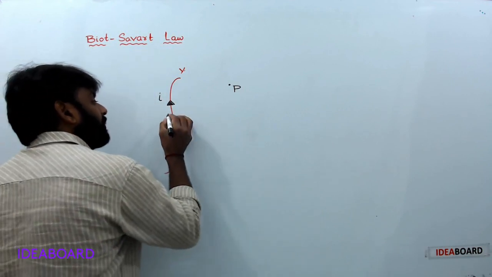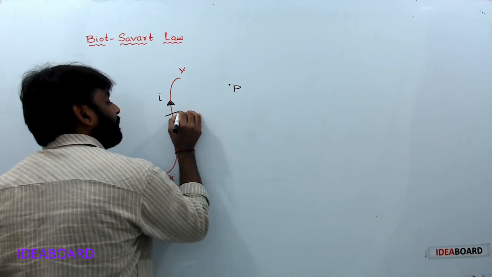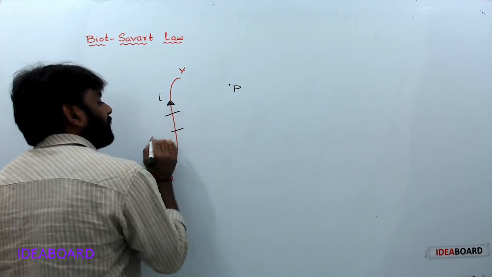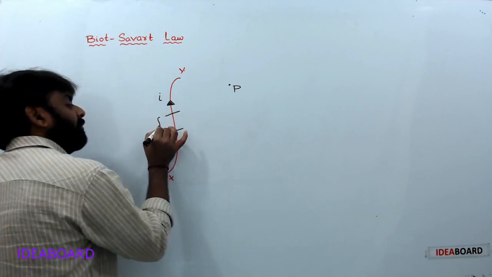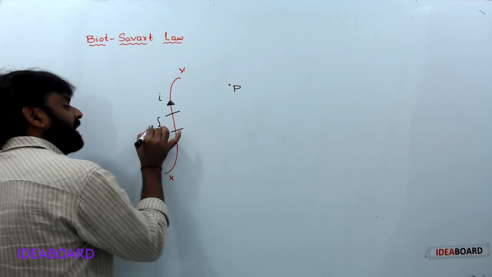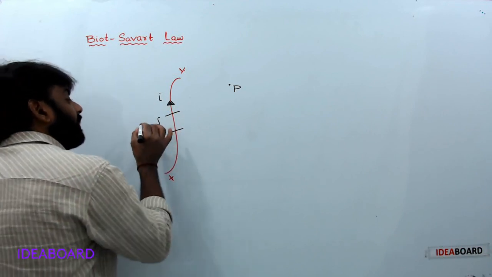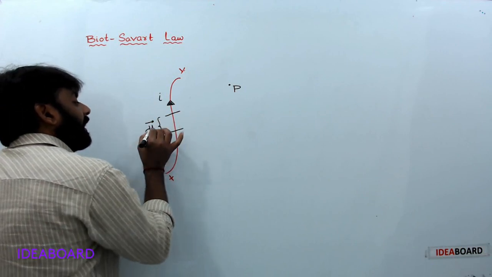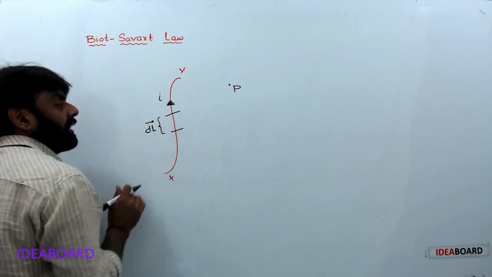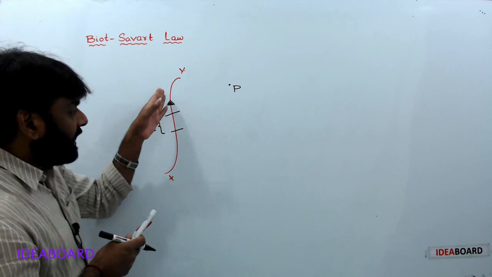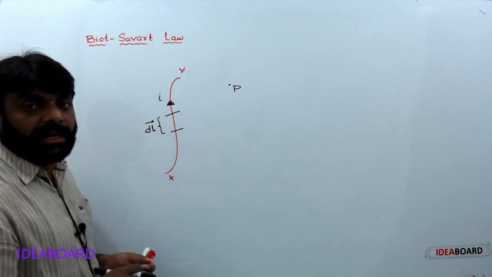first of all consider a small element. Its element length is dl. Its direction is along the current direction.